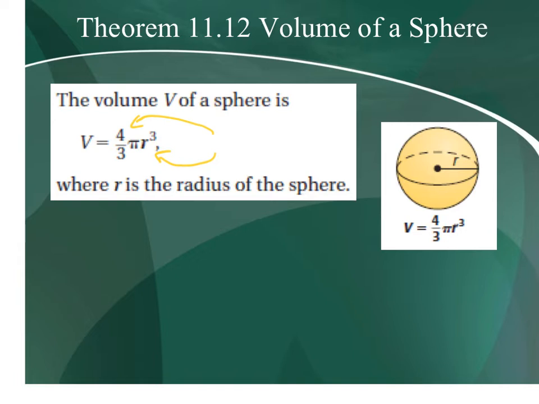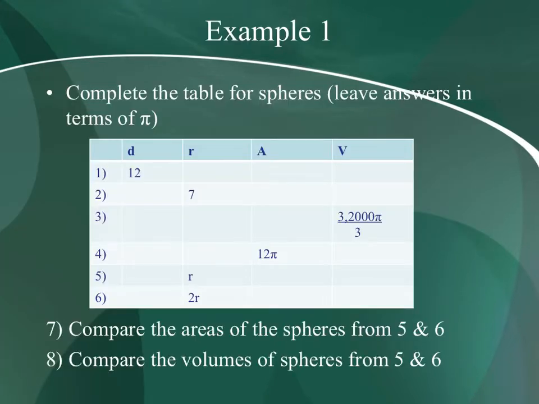So let's fill in the chart. Now, when we're filling in this chart, we're going to leave everything in terms of pi. Let me go ahead and write the formula up here. Remember, for area of a sphere or surface area, it's 4 pi r squared.